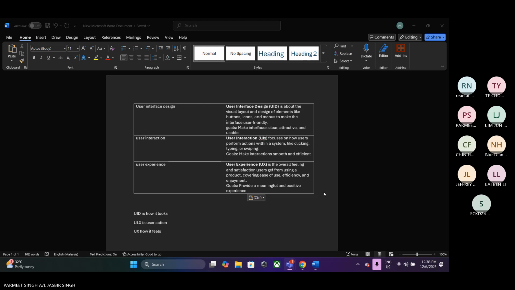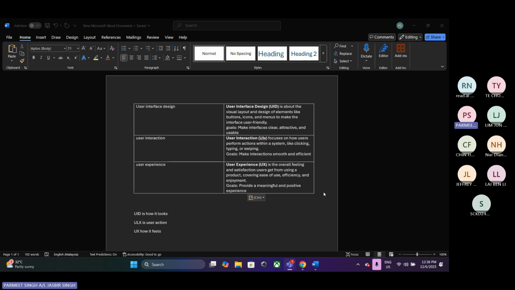Then the user interaction is about the system's response to actions. It has to be smooth, so it wouldn't be buffering, or as soon as you click a button it wouldn't just stop there and make you wait a few minutes before it goes through. It makes it smooth and clear, more efficient.